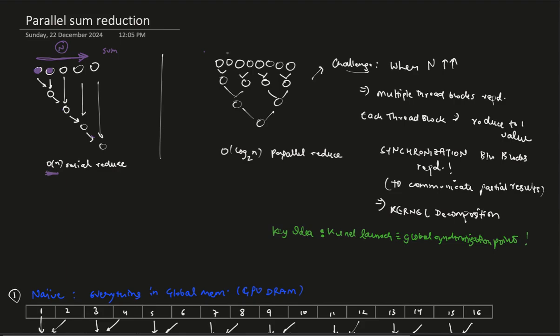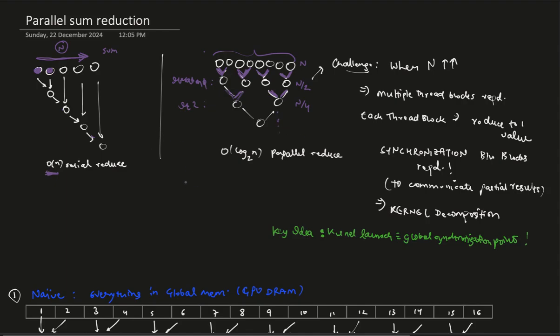So we can assign n by 2 threads in the first iteration, and each thread computes the sum of two elements and forms from an array of size n, an array of size n by 2, where each element contains the sum of two elements. In iteration 2, we do the same to get an array of size n by 4, and so on.